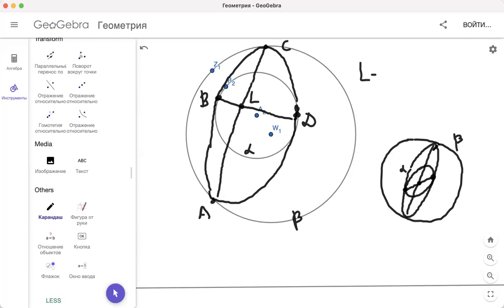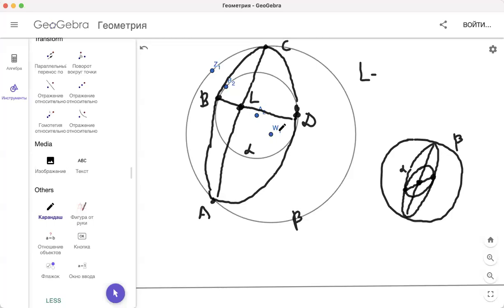So the preimage of this common center is a limiting point of the pencil generated by circles alpha and beta. So L is the limiting point of this pencil.